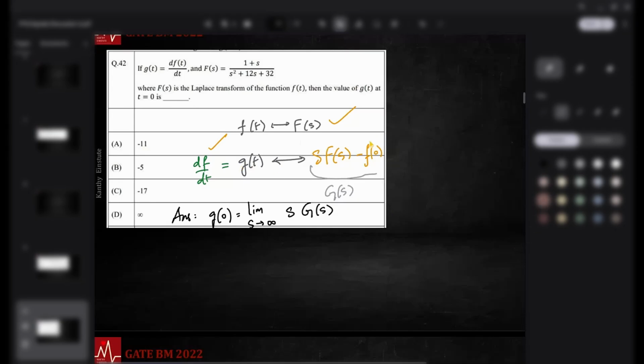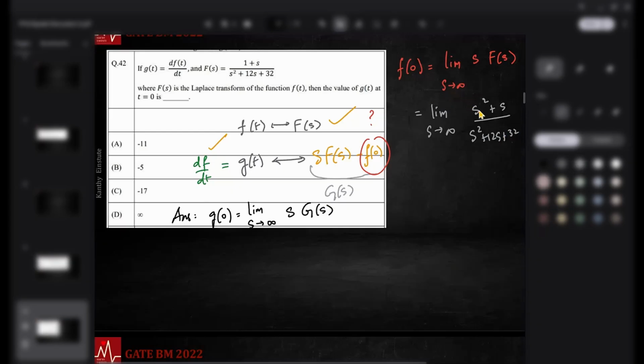I also need to find out what this is. Let's do that. F of 0 is the limit s tending to infinity of s F of s, which happens to be s square plus s, over s square plus 12s plus 32.